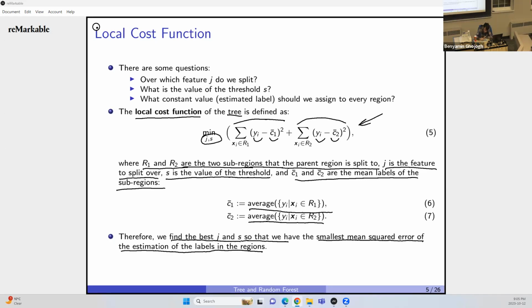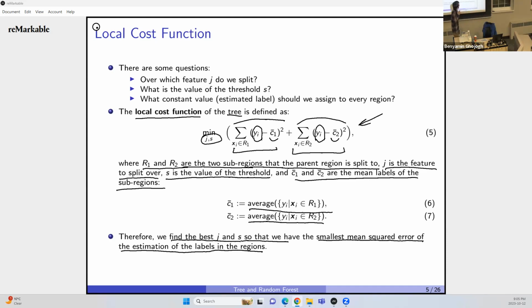Okay, so yi is not the predicted, I apologize, it is the actual label. So equation 5 says: find j, the splitting feature, and the threshold s in a way that this is minimized and this is also minimized.